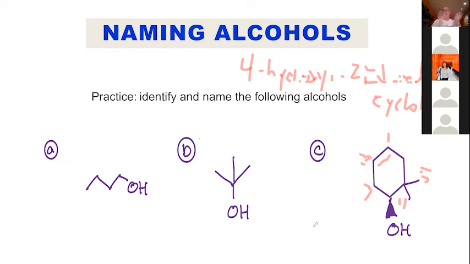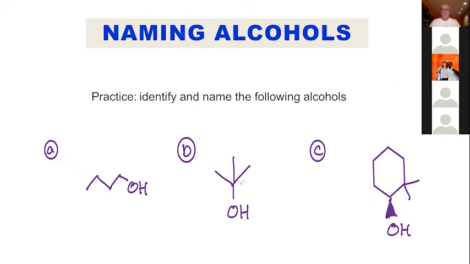Or else it'd be like 2,3 or 2,4 or 2,5, depending where they are. So we always do 2,2 if they're in the same place. Okay, because I was thinking the OH, does it take priority over the methyl groups? Yes. Okay.